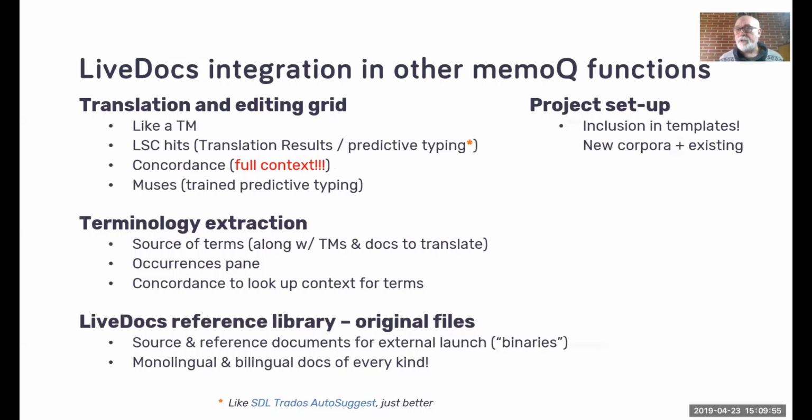One important difference, though, when you have a hit from a LiveDocs corpus in a concordance search, is that unlike with a translation memory, you can access the full document context.